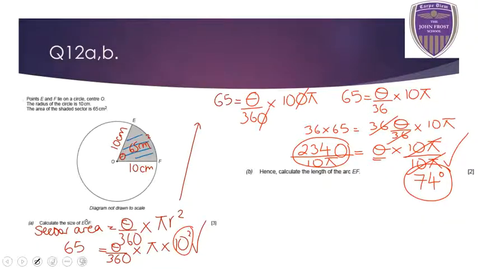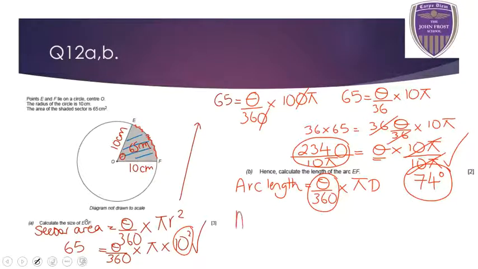Right, so we know that theta is 74 degrees and we've got to work out the arc length. Now for the arc length, it's theta over 360 times pi d. Again, it's a fraction of the whole circumference. And the circumference is pi times the diameter, so we just want the fraction.